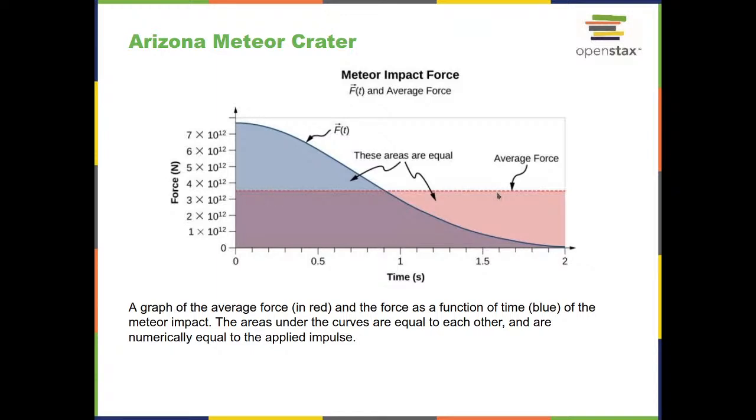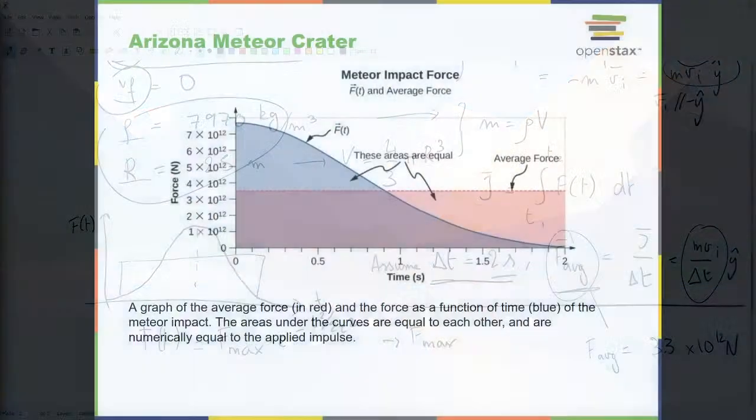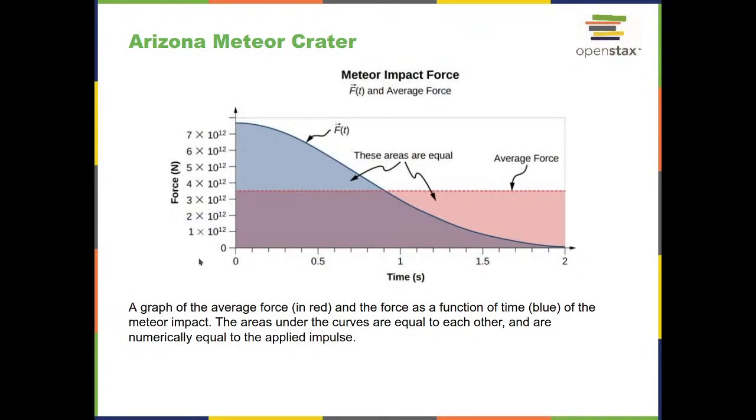But again, you can pick an average force, and here you can see visually that the maximum force and the average force are going to be very similar, within a factor of 2 of each other. It depends what kind of precision you want, how much of the mathematical trouble you want to go through.